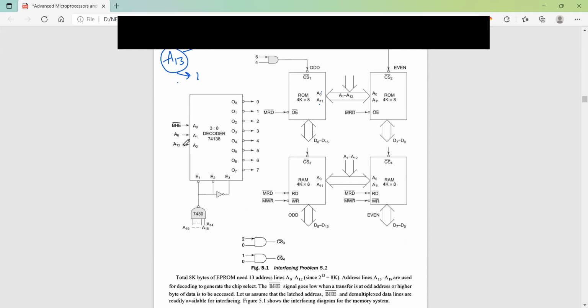So what is left for us is A14 to A19. A14 to A19 will be used to find out the chip select logic. Just understand this.